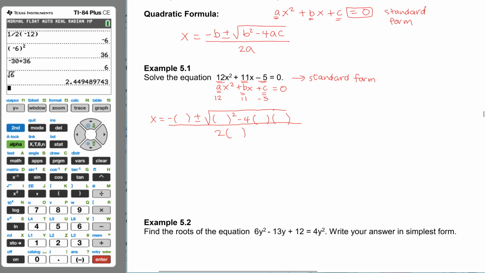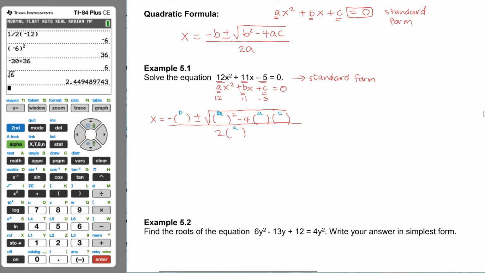Let's just have a notation here. This is my b value, this is my a value, this is my b value, this is my c, and this is my a value.